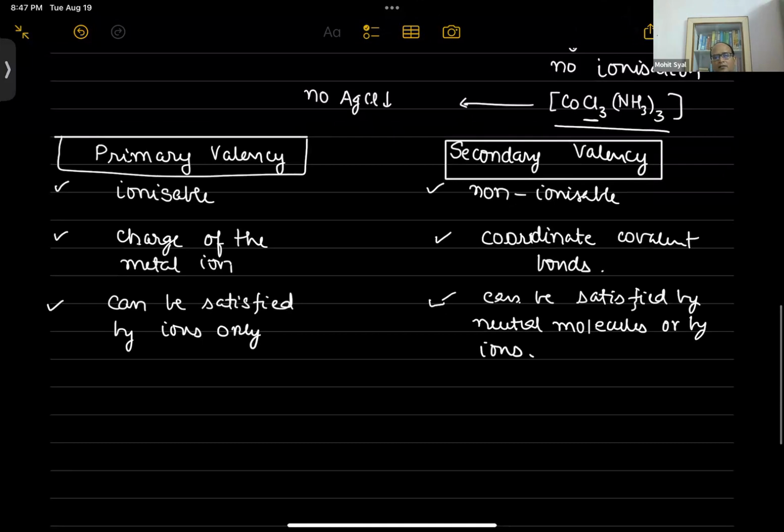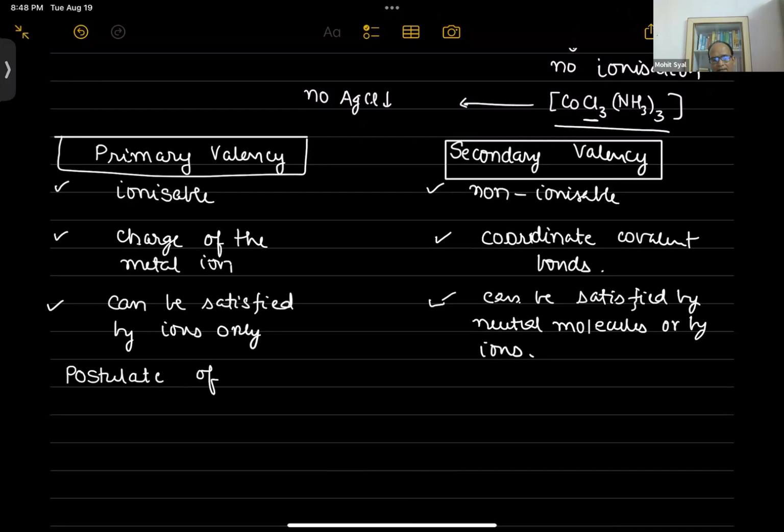The first postulate of the Werner theory is about the type of valencies which a metal ion can exhibit.